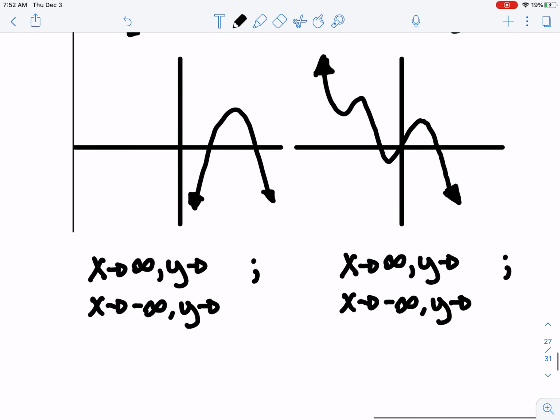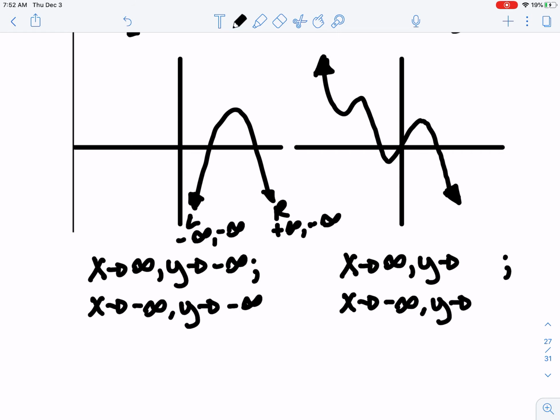Again, over here, label my left, label my right. Because this is my left, it's negative infinity x value. Right, it's positive infinity x value. It's pointing down on the left, so it's going to negative infinity. It's pointing down on the right, so it's also going to negative infinity.